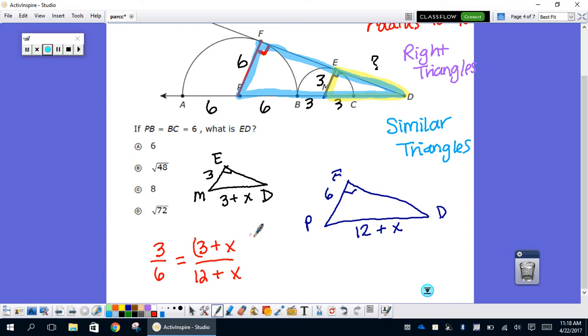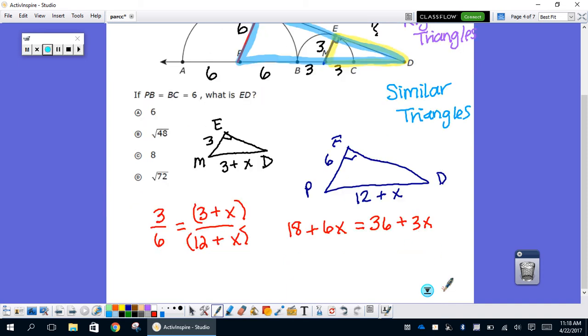If you put those in parentheses and distribute, 6 times 3 is 18, and then 6 times positive x is plus 6x, is going to equal 3 times the 12, which is 36, plus 3 times the x, which is 3x.